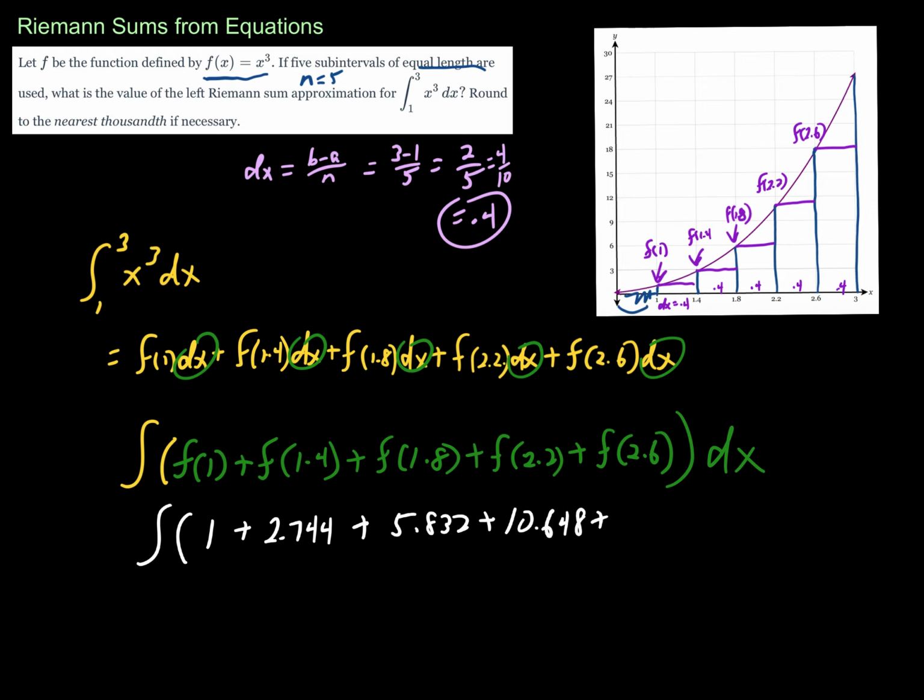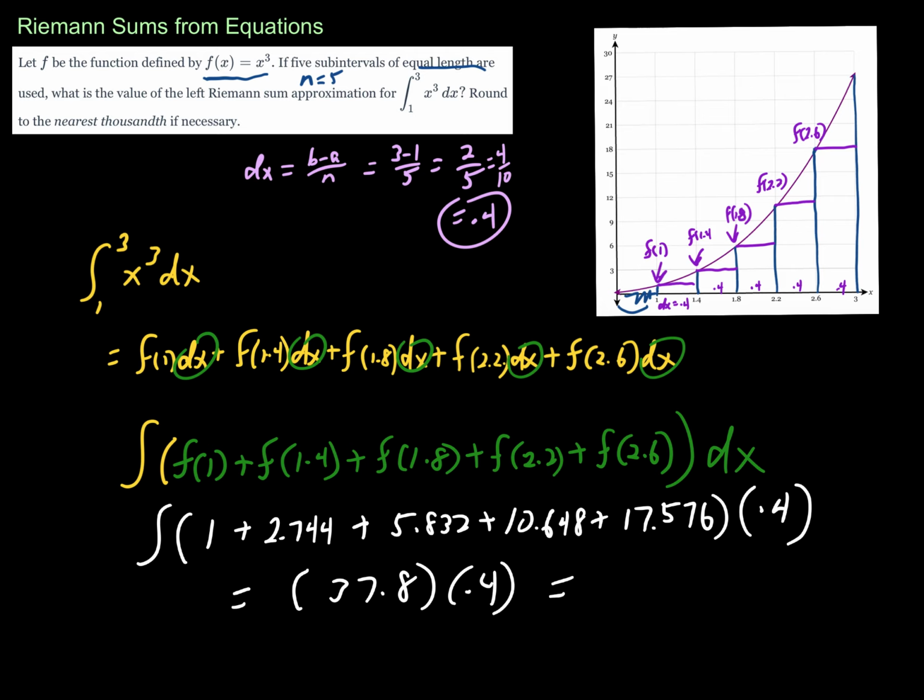And 2.6 cubed is 17.576. And our dx was 0.4. If you add that and multiply it, this is going to be 37.8 times 0.4, and your final answer, 15.12 square units.